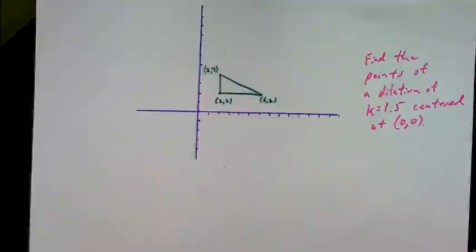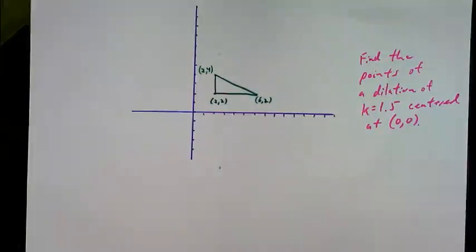Now, centered at 0, 0 is what makes this the easy part. If it's centered at 0, 0, all you actually have to do is take these numbers and multiply them by your scale factor. So I have a point at 2, 2.